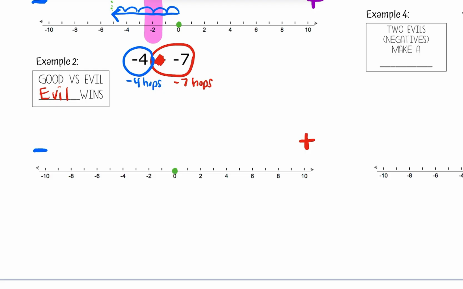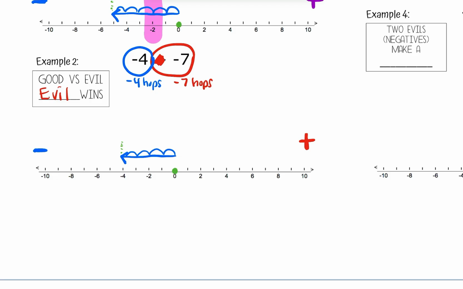So I'm going to start at 0 and go 1, 2, 3, 4, pointing towards the negative. And again, if I wanted to show my hops, there's hop 1, hop 2, hop 3, hop 4. And then I'm going to tiptoe up so I get a second line. And my second number is also negative, so I'm still going to be going to the left.